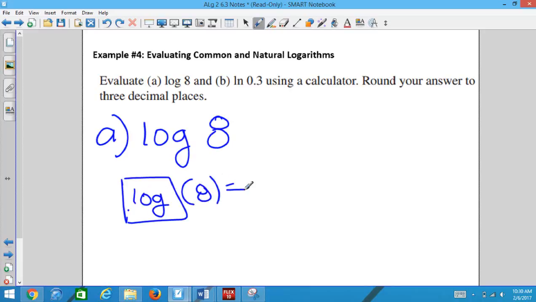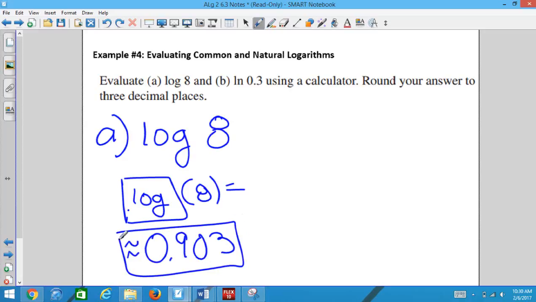Enter. You would need to close it if you're doing stuff after you did the log of something. You should get 0.903. Approximately. Yeah, it's on that first column.